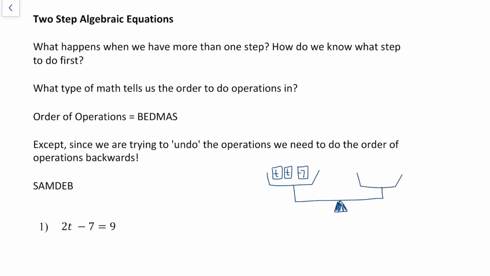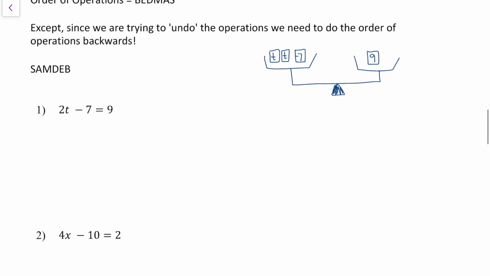And on this side, I have a block worth 9. In order to figure out what T is, I'm first going to have to deal with this -7 block before I can then figure out what each T is worth.